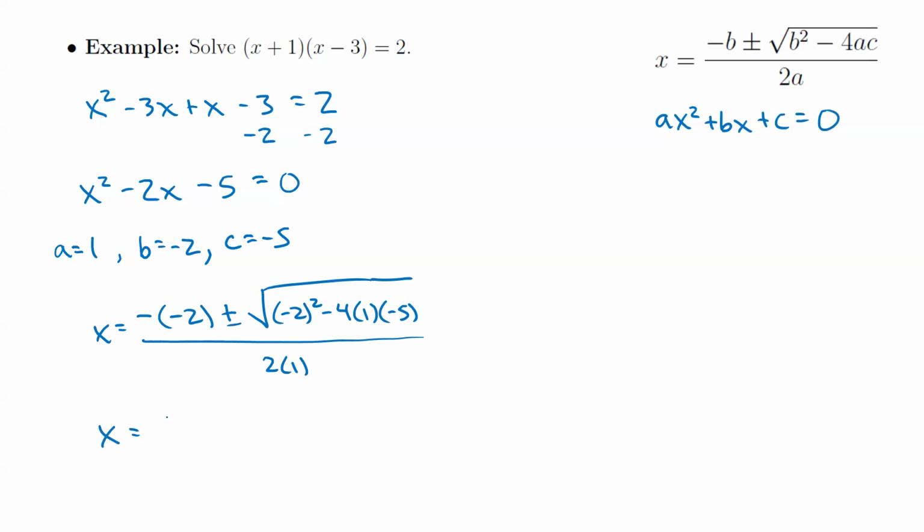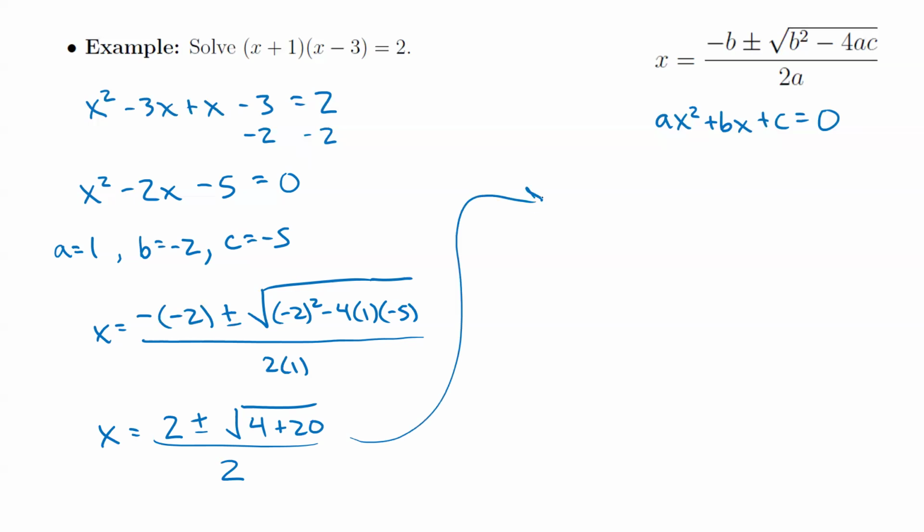So the opposite of -2 is 2. And then when I do this, it'll be -2 squared is 4. -4 times 1 times -5 would be +20. So x is equal to 2 plus or minus the square root of 24 over 2.